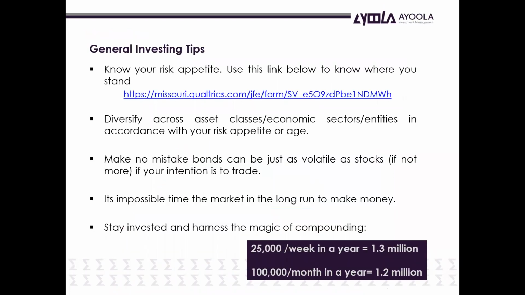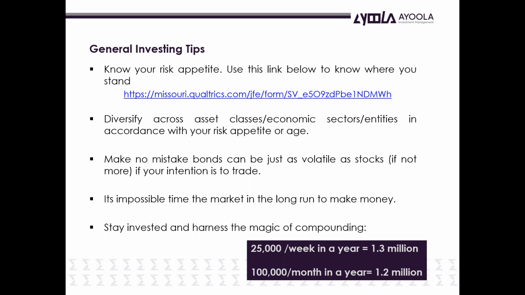Generally, these are the things I need to bear in mind. Before you start investing, we said we need to understand your risk appetite. I will share the link in the caption below, so you can click on it and see what your risk appetite is.